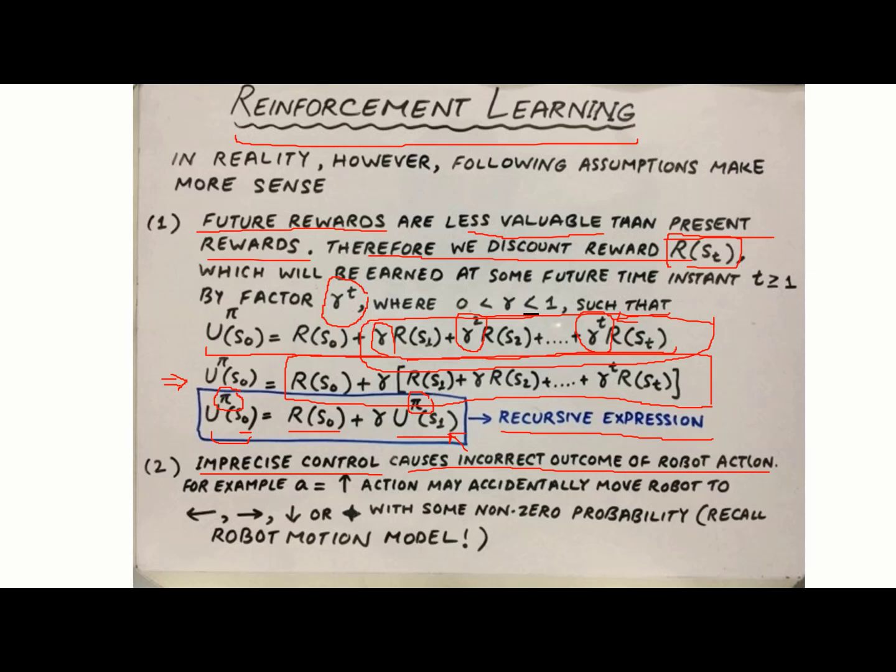For instance, if you instruct a robot to go straight up, then the action execution may be imperfect and it may accidentally move the robot to left, right, down, or the robot may not move at all. And all of those incorrect consequences describe what we are familiar with, the robot motion model.